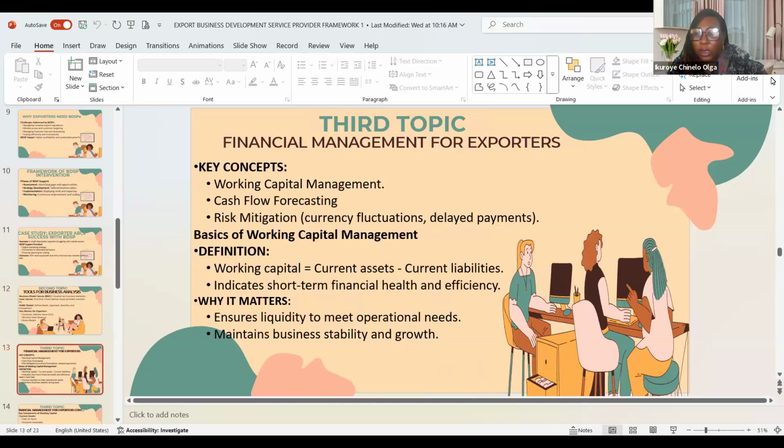So which leads us to financial management for exporters. For key concepts, we have working capital management, cash flow forecasting, and risk mitigation. Like I said, working capital management ensures liquidity and cash forecasting prevents shortage.